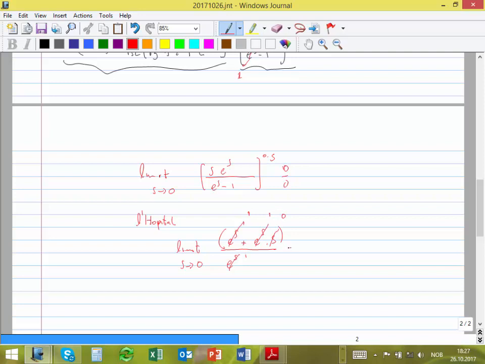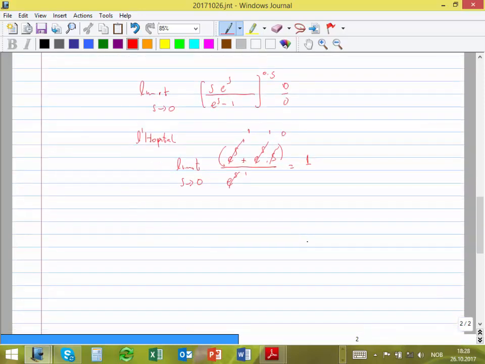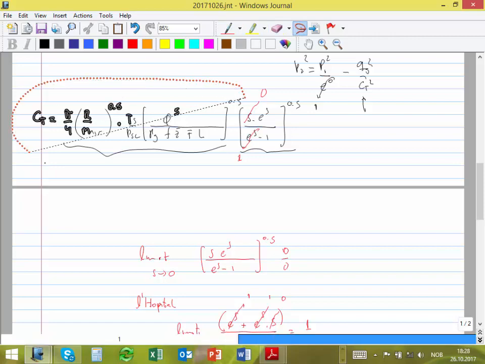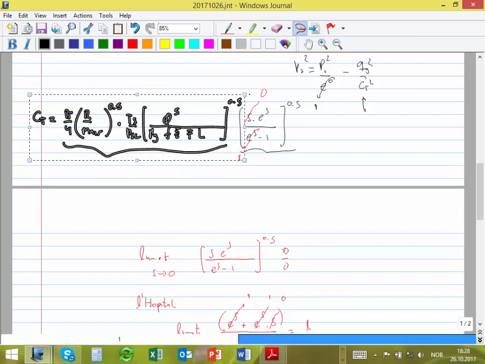And now I finally found the solution. All of that complicated expression just gives a limit of 1. That means that the CT for a horizontal flow line is just this. No problems.